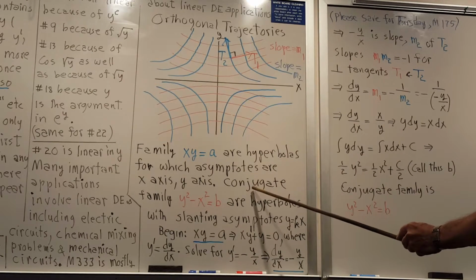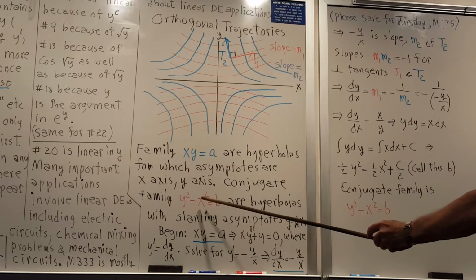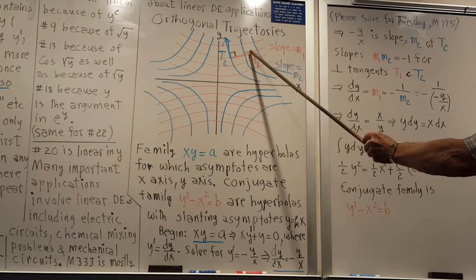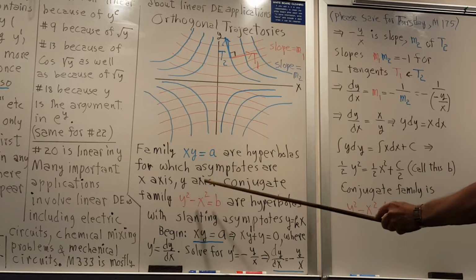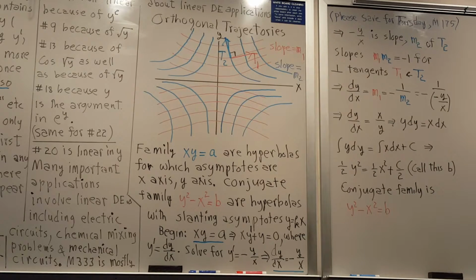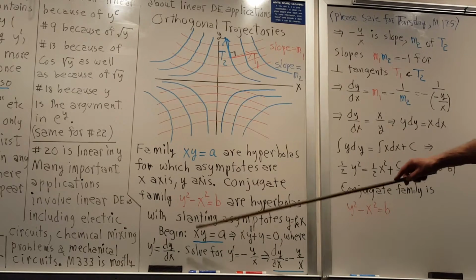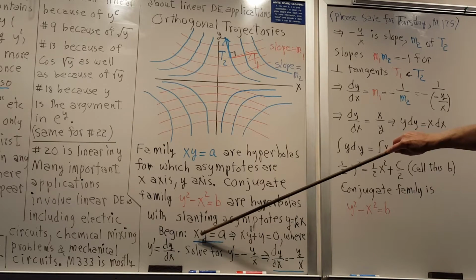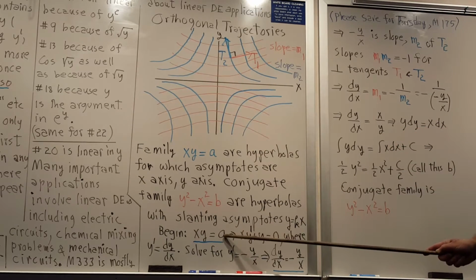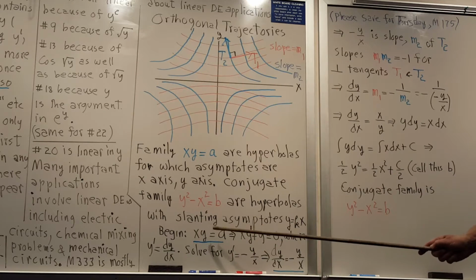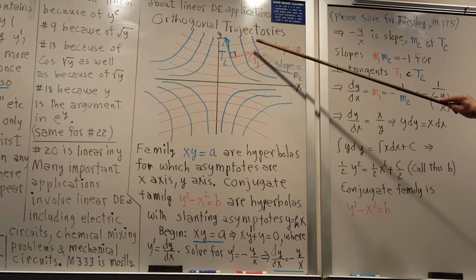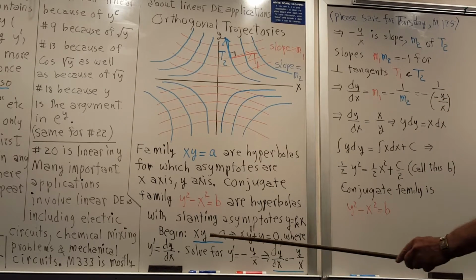And so then what we're after is to see that the conjugate family, which would be hyperbolas that meet at right angles, in the sense of my picture, will have an equation like that. So you could begin either way, but say you begin with the blue ones, xy equals a, where a is a constant. And different choices of a are how you get from one trajectory to another, you see.